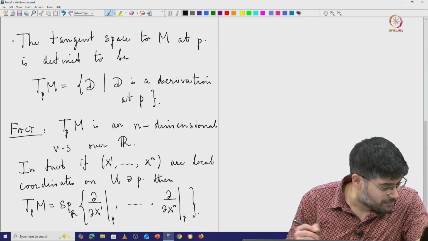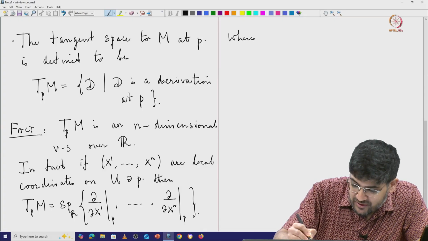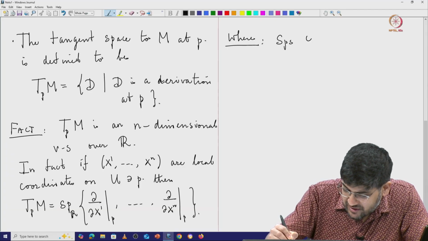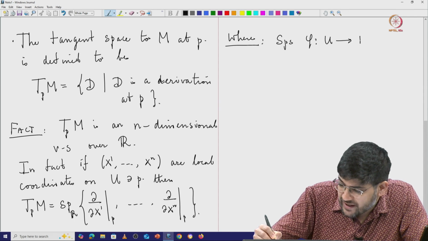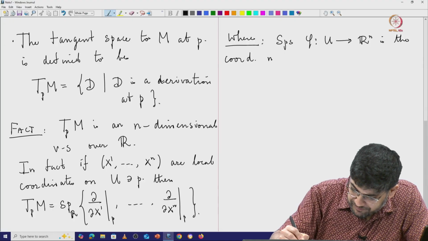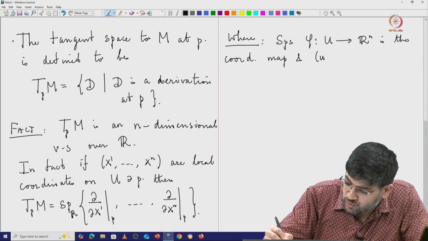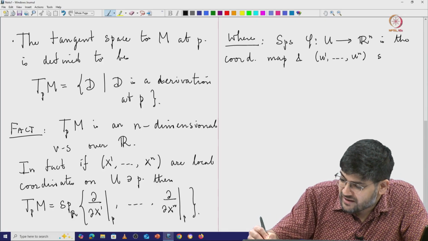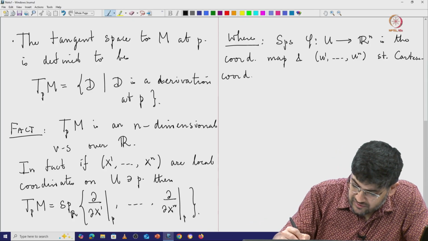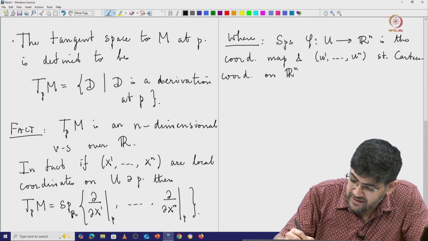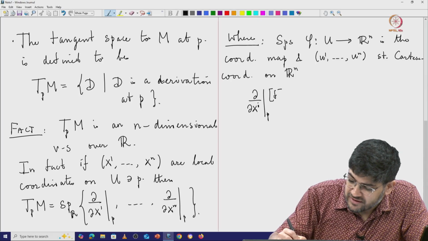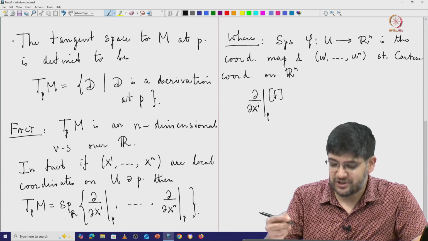Okay, so what is del by del xi? Suppose phi from U to Rn is the coordinate map, and let us say u1 up to un are the standard Cartesian coordinates on Rn, then del by del xi at P is a derivation, so it should act on a germ and spit out a real number.